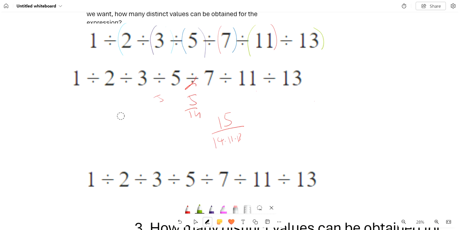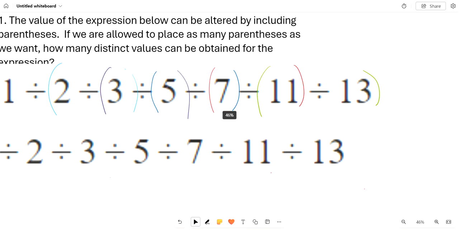That's why the question conveniently gave us prime numbers, so that they would provide us with different answers no matter what set of parentheses we pick.